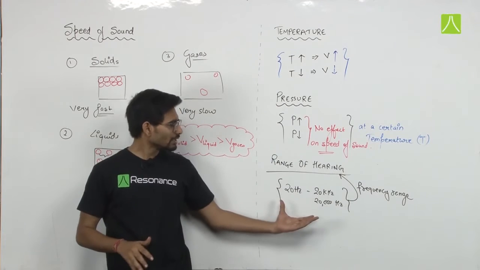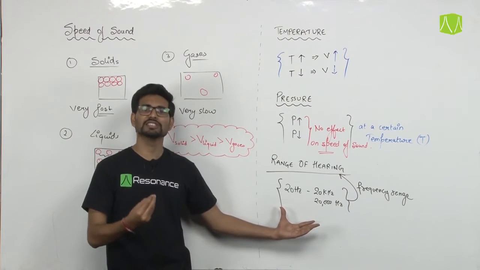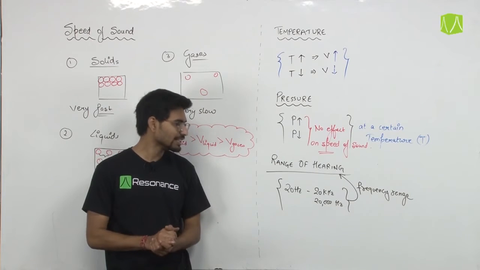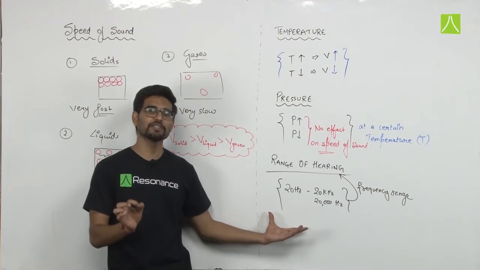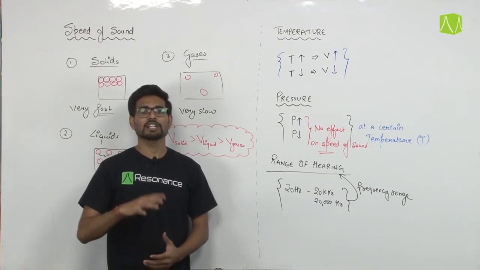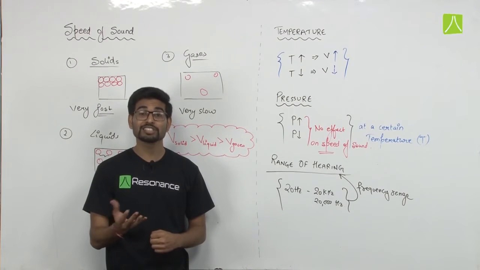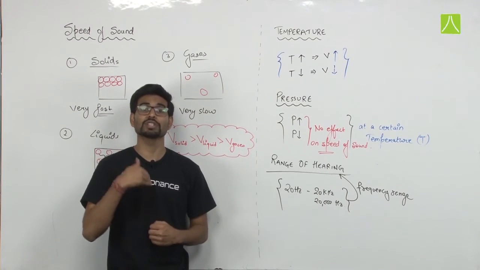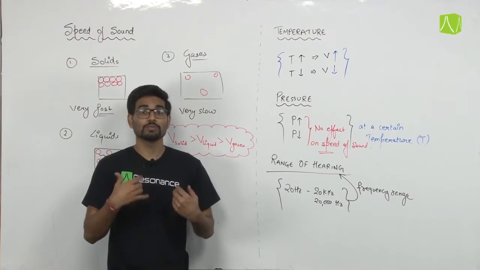So I have told you it is a concept which depends on the sensitivity of hearing. It depends from person to person, but on average it is 20 hertz to 20 kilohertz. Now talking about animals like dogs, they can listen up to 50 kilohertz. Bats can listen even more, up to 100 kilohertz, and whales even more.